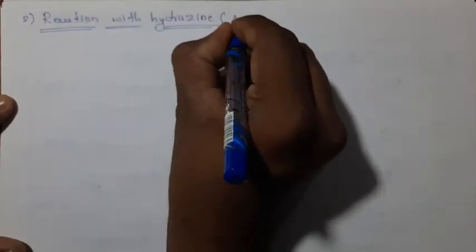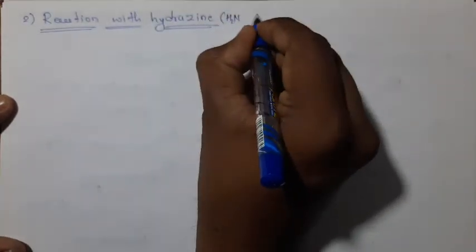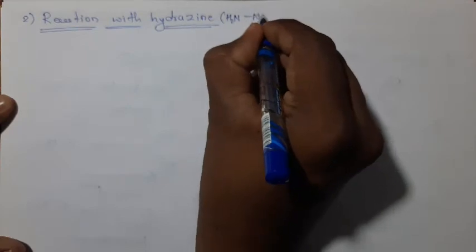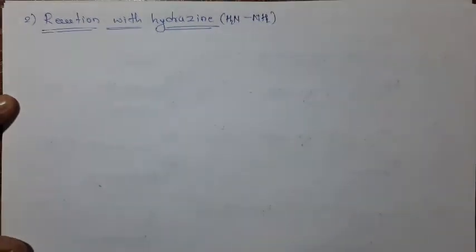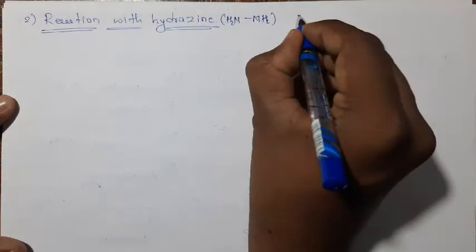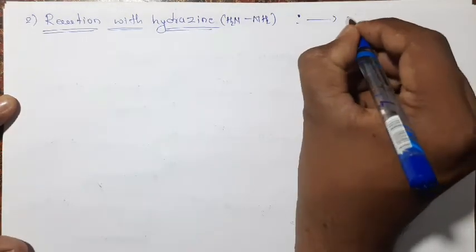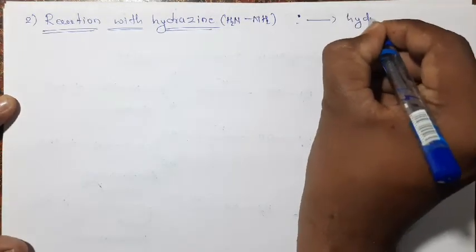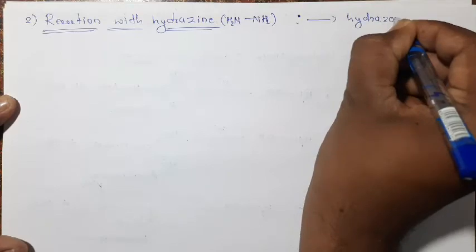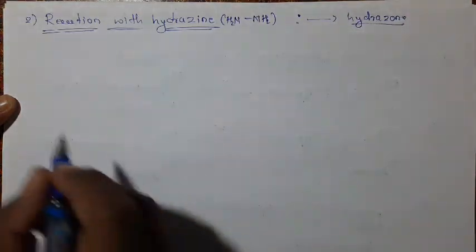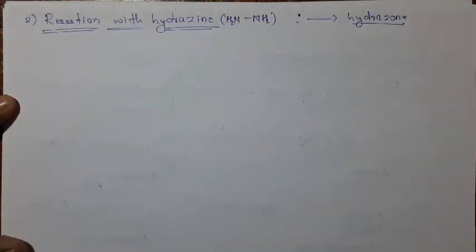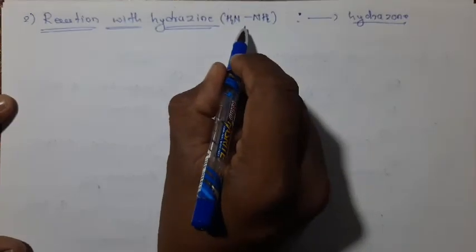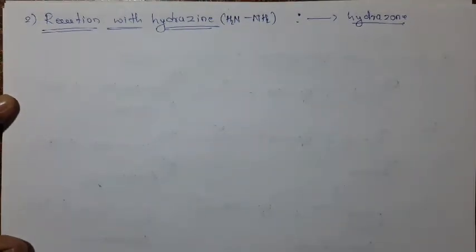Hydrazine means NH2 single bond NH2. This is called hydrazine. It gives the product hydrazone. Okay. When aldehyde or ketone is condensed with hydrazine, it gives the product hydrazone.